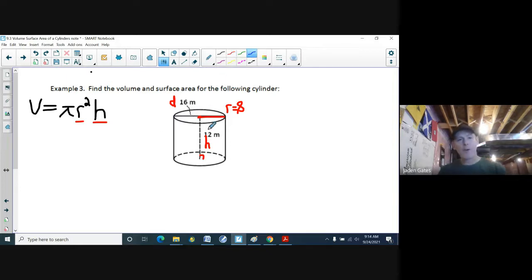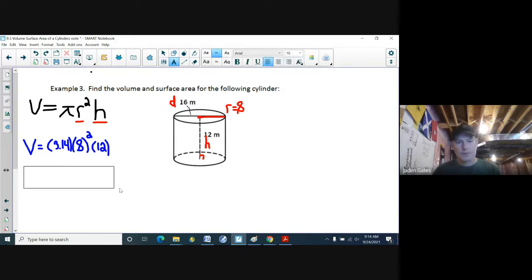So I've got my variables down, and now I'm going to substitute in. My pi, I'm not putting in a symbol. I'm going to put in a number, 3.14. My radius, which again I found out is 8, and that's squared. And then my height is 12. Now, volume, that's what I'm figuring out.